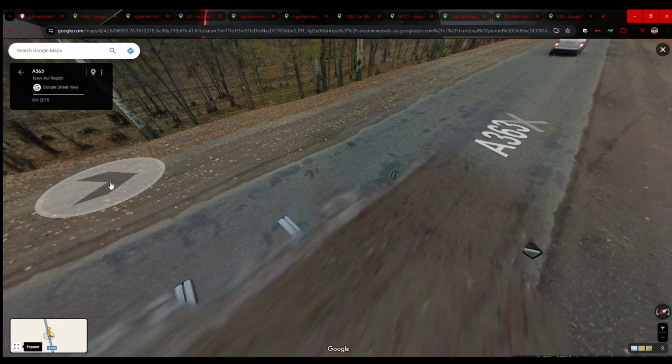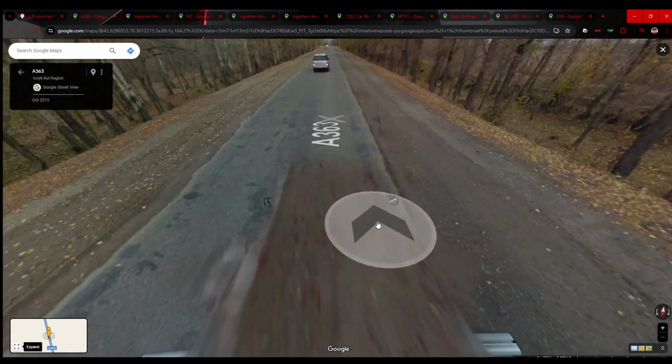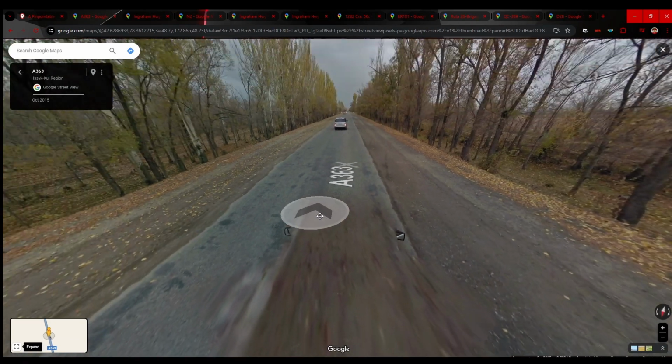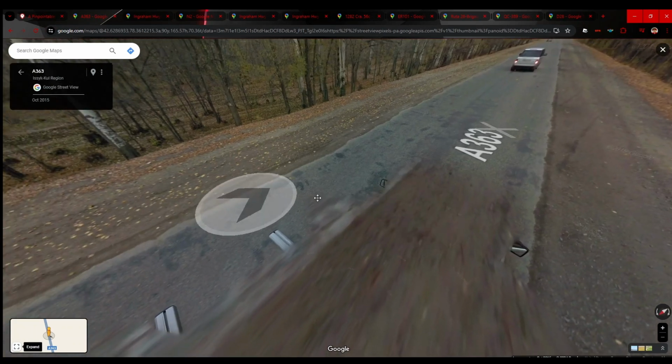This is the Google car for Kyrgyzstan. It is a gray pickup truck with visible roof racks and visible side view mirrors. This car can be found in certain other countries such as Guatemala. But again, the scenery in Kyrgyzstan and Guatemala is different. A lot of countries will use the same car, but they're not really related or look like each other. This is just an example of a visible Google car.